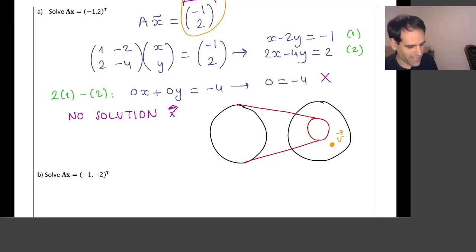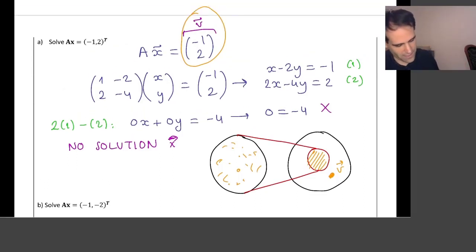Therefore, there doesn't exist any vector x anywhere that ends up in this vector v, because all the possible vectors in 2D space end up inside the range. So since I gave you a vector v outside of the range, the system has no solution. Okay?